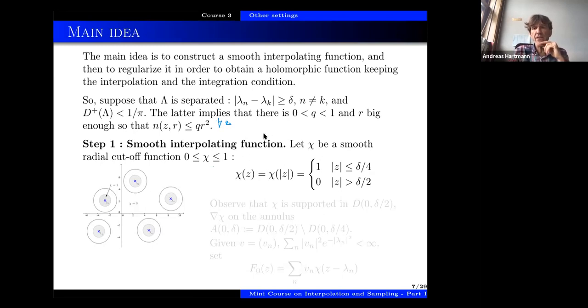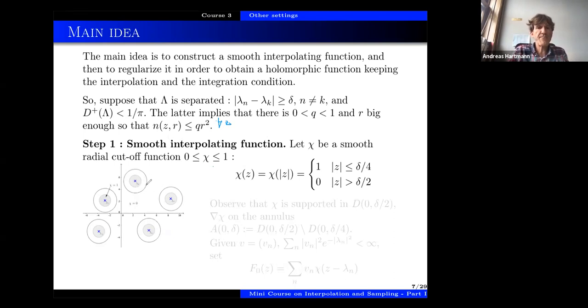So it's 1 in the neighborhood of 0, and it's 0 outside delta over 2. Now I take all the points of the sequence, and I have drawn these gray disks of radius delta over 4, and the bigger disks are of radius delta over 2. So chi is 1 in the gray region, it's 0 outside.